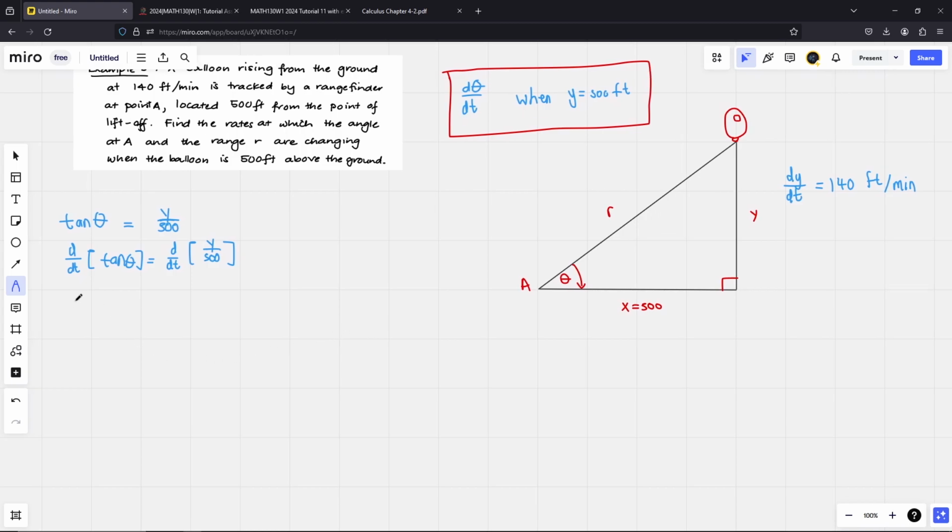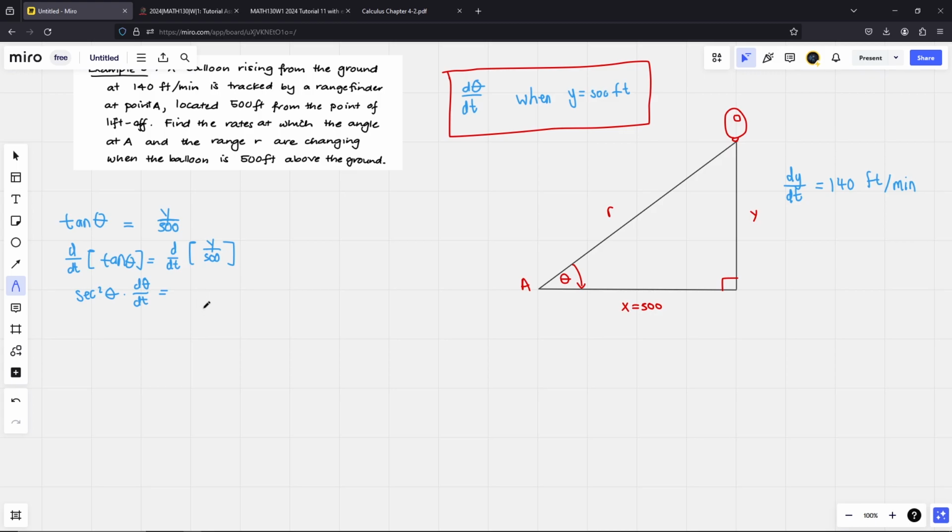Taking the derivative of the left hand side, the derivative of tangent is secant squared theta, and then by chain rule, deriving theta with respect to time, I'm going to have d theta over dt, and that's going to be equal to.